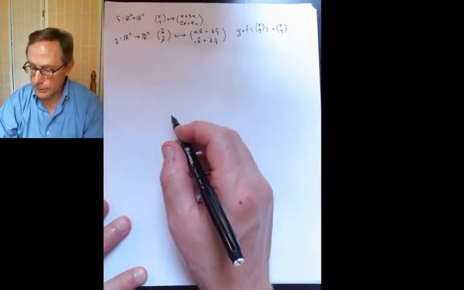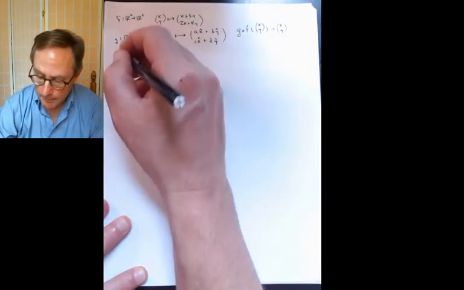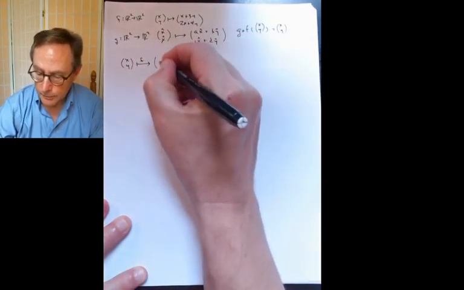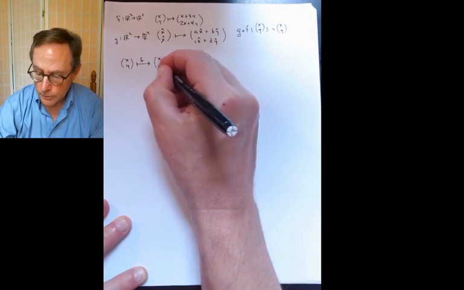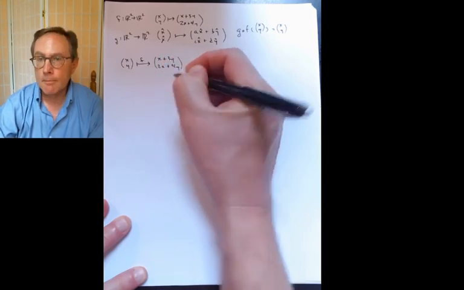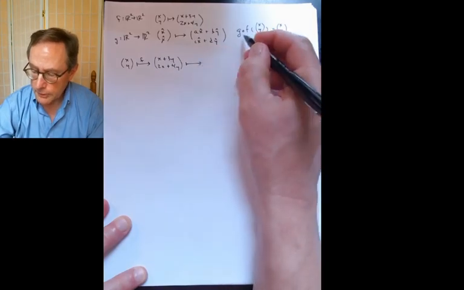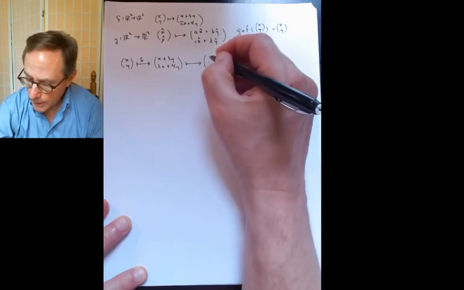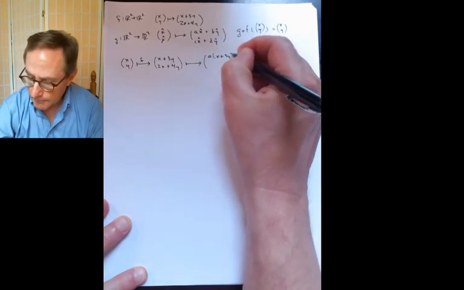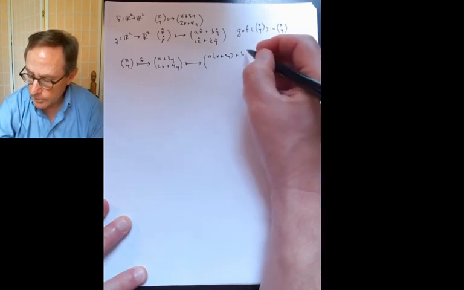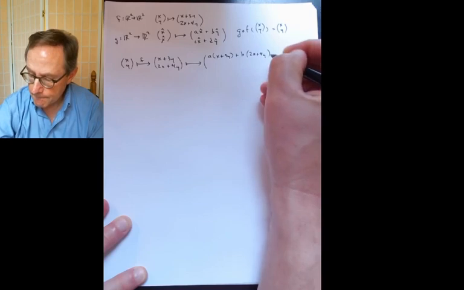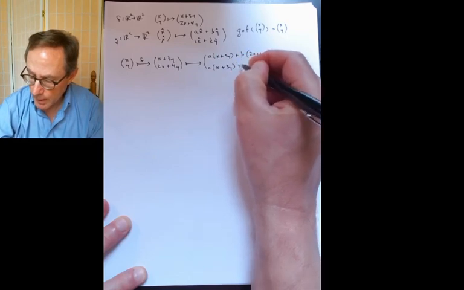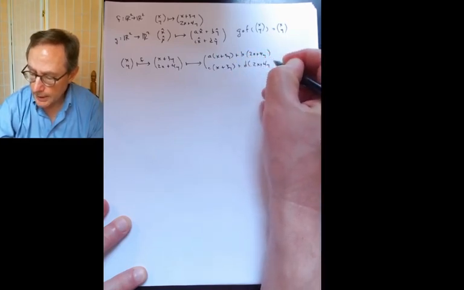Okay, so let's see what to do. So I'm going to take x, y, and under the map f, it's supposed to go to x plus 3y, 2x plus 4y, and then when you subsequently apply g, as you do here, it's going to go to, let's see, a times x plus 3y plus b times 2x plus 4y, and then c times x plus 3y plus d times 2x plus 4y.